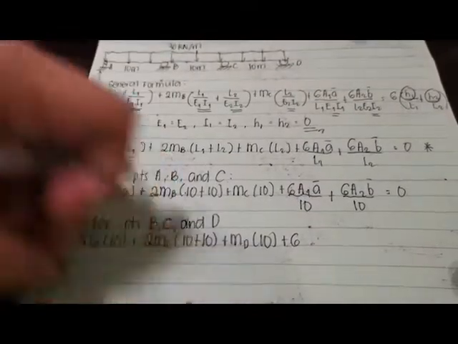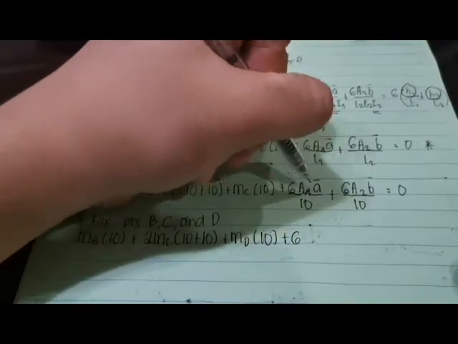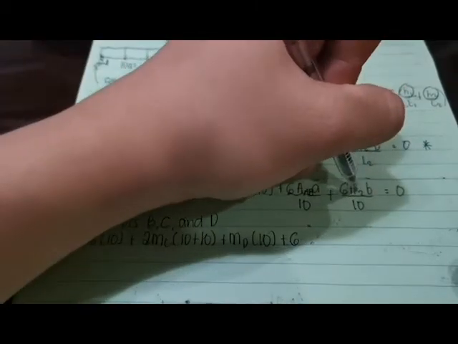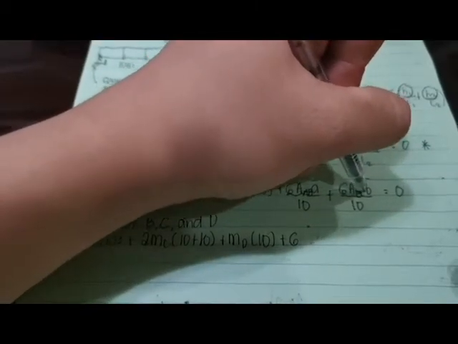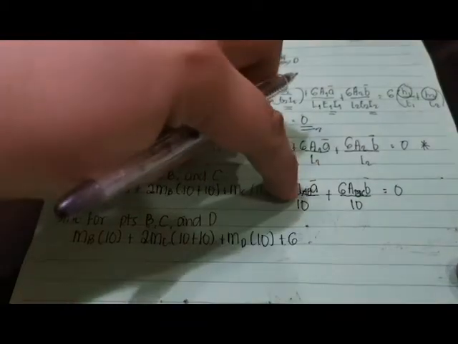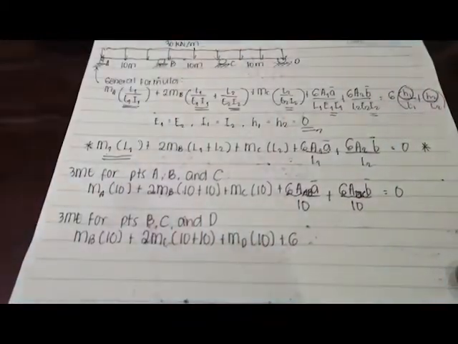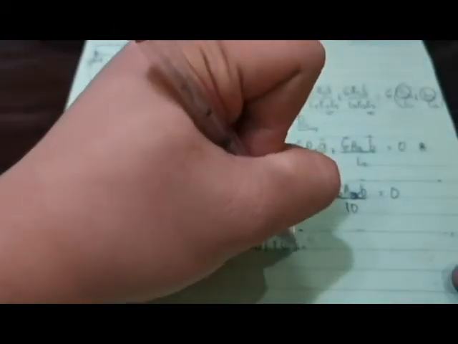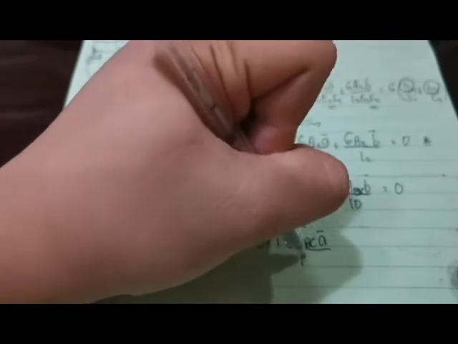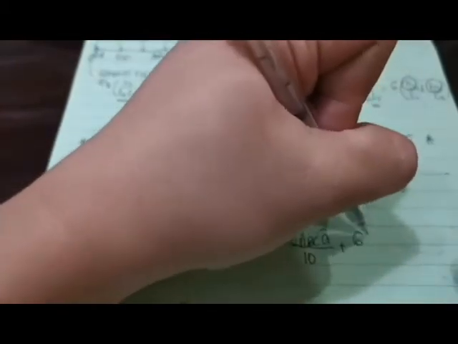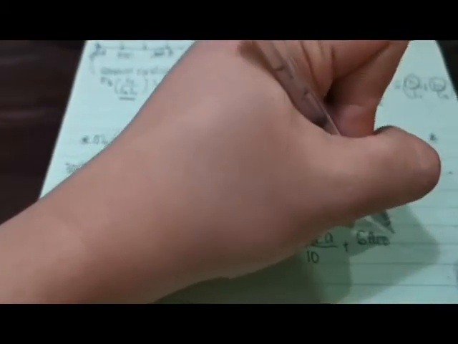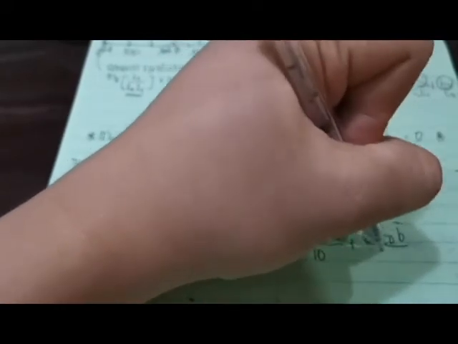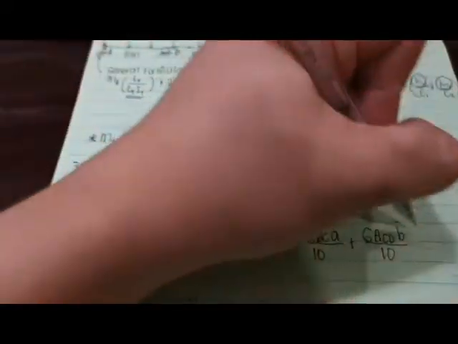So that we won't be confused, let's say this is just AB, and this is just BC. So, area AB, area BC: 6 area BC times A over 10 plus 6 area CD times B over 10 is equal to 0.